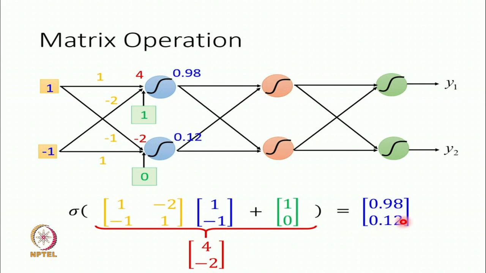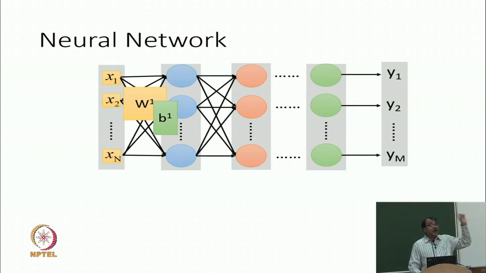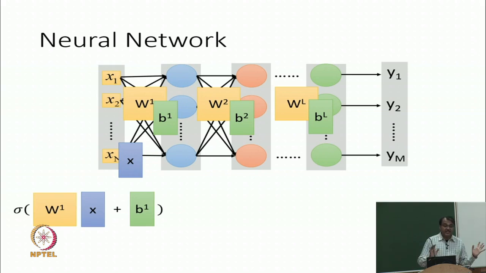So technically, one full layer can be represented as parameters W1, b1, or second layer W2, b2, ith layer Wi, bi. And the function that is being computed is nonlinearity on top of Wi x plus bi. And what is x? Well, x is the input from the previous layer.